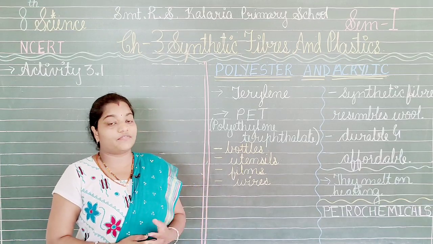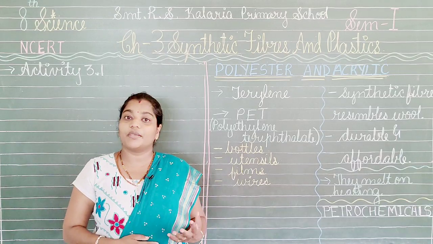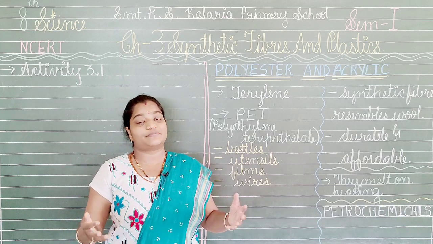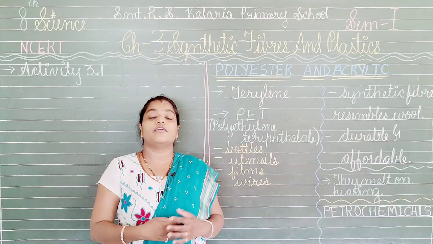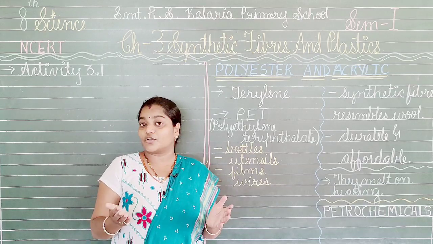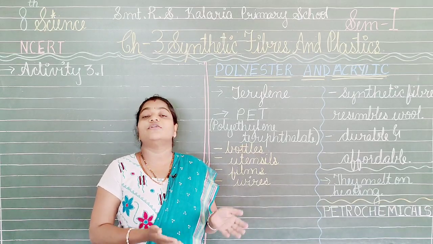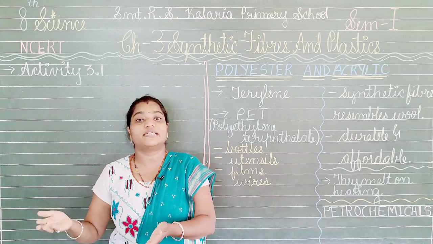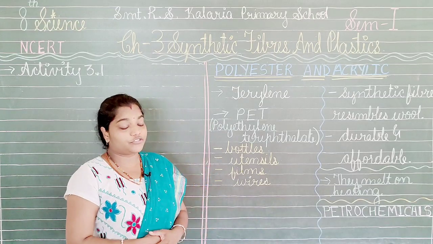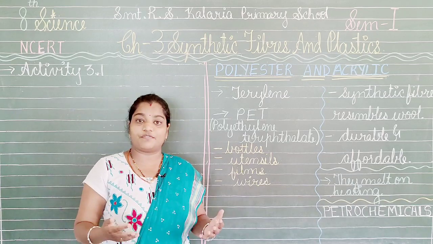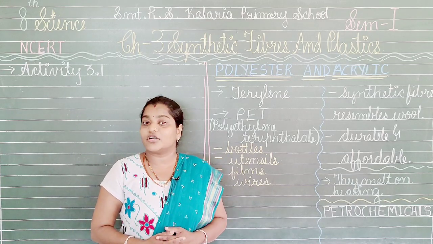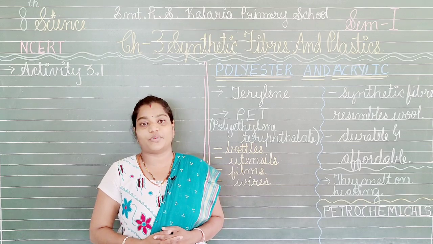When we go to the market, the shopkeeper always shows us different types of clothes and asks which type of cloth we would prefer: cotton, polyester, or any other type? Generally we prefer cotton, because polyester has a lot of benefits but, on the other hand, it is not skin friendly, so we don't want to wear it.